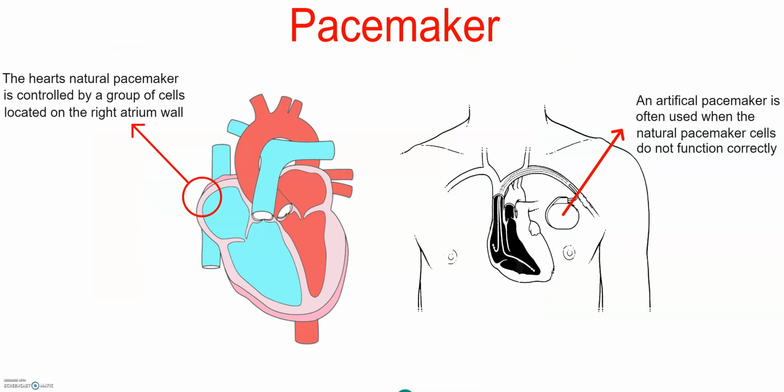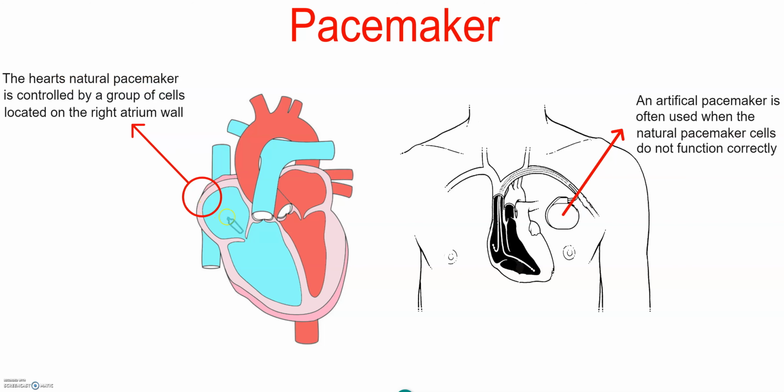I'm going to look at an individual's natural pacemaker, and we're also going to compare it to an artificial pacemaker. An individual's resting heart rate is controlled by a group of cells in the right atrium wall, located here, that act as the heart's natural pacemaker.